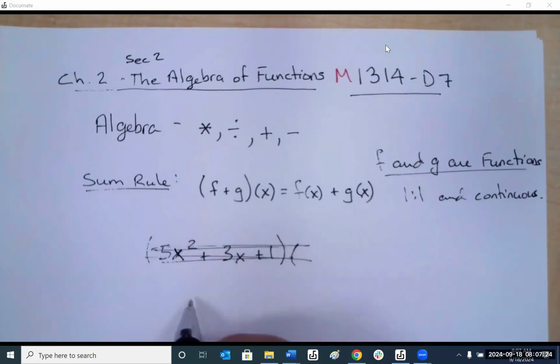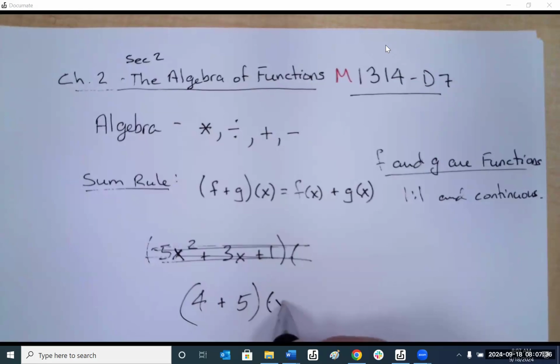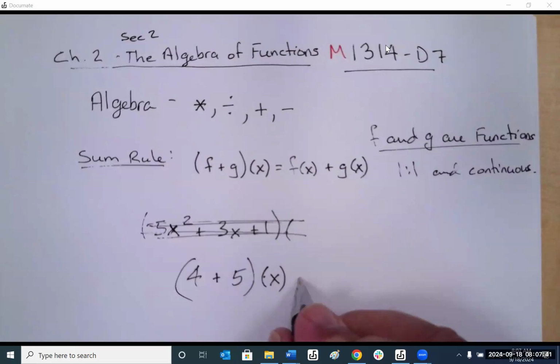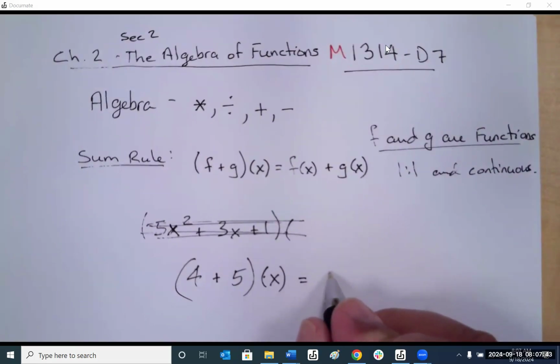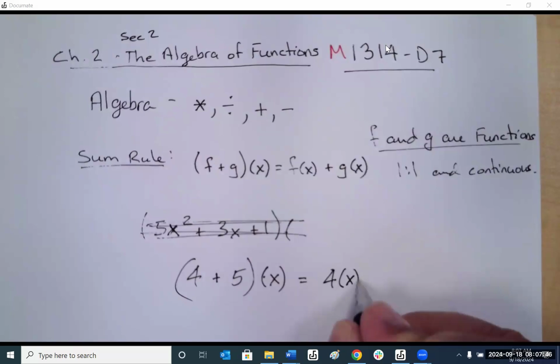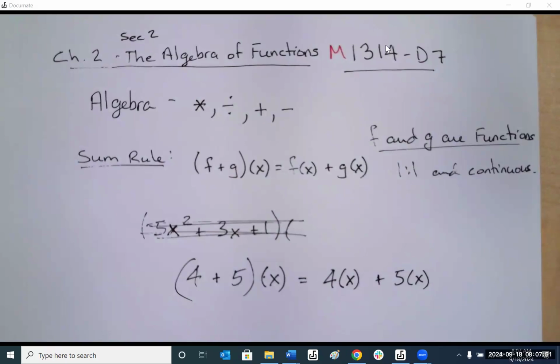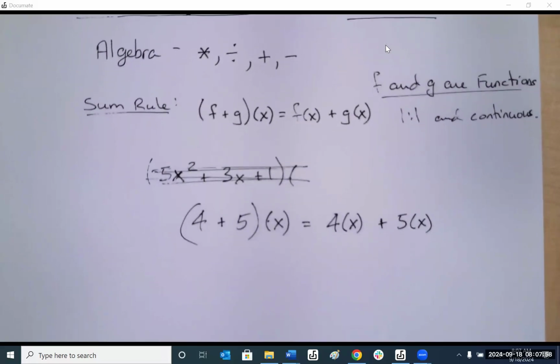Not yet. If we have this, what that means, I can have 4 times x plus 5 times x. It's also the distributivity rule.